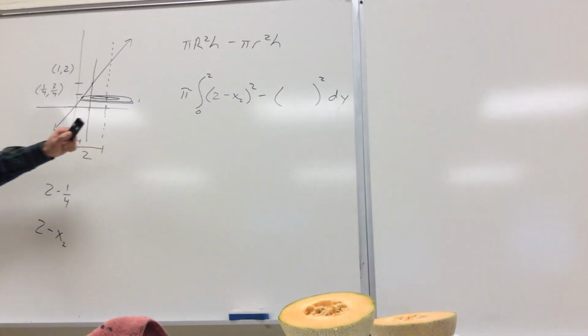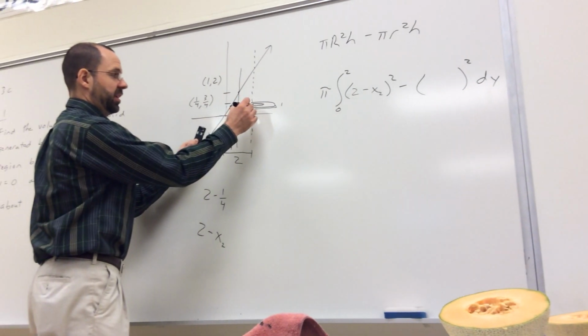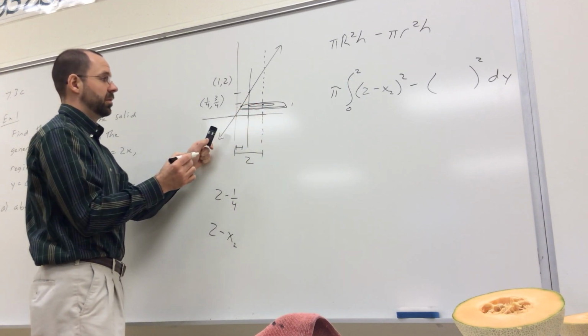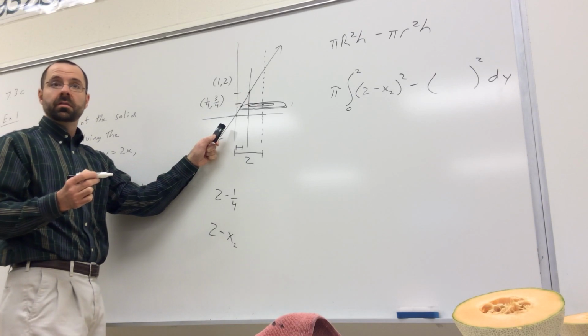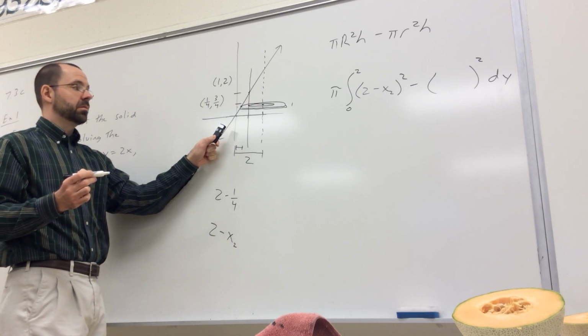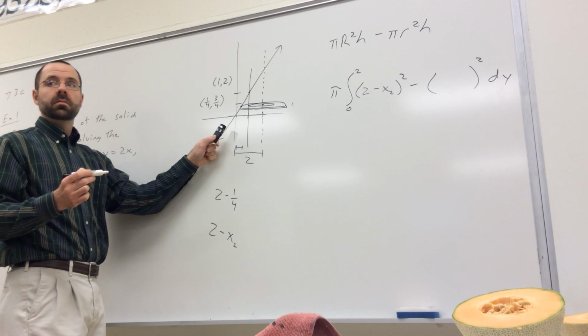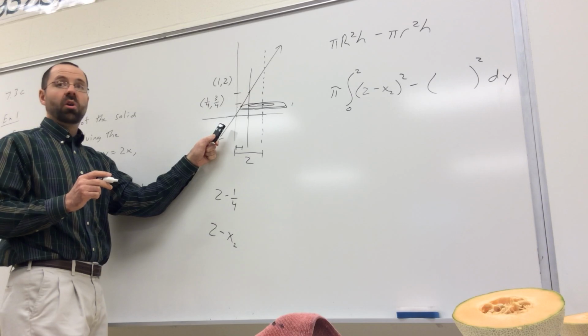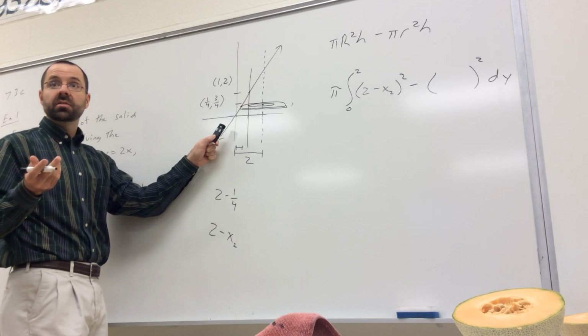Okay, now for the smaller radius. That's the distance from here to here. So what's that? Yeah, go ahead, Nate. It's 1. Does it change?